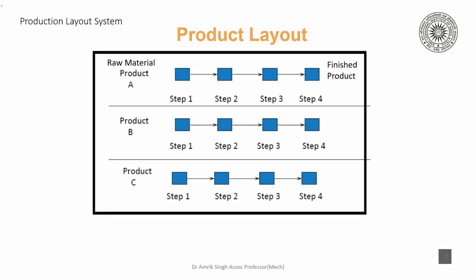You see here the raw material enters at one end, say for product A. It undergoes step 1, step 2, step 3, step 4 on the different machines and finally a finished product comes out. Similarly for product B and product C. So in the product layout we can make a narrow variety of three types of products which are almost similar.